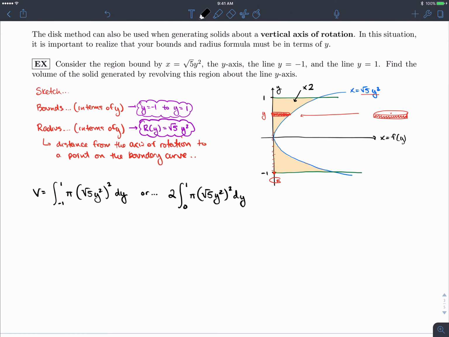Just because 0 is so nice to work with in the definite integral, I'm going to use this one. So again, I'll pull that pi out. That's going to give us 2 pi times the integral from 0 to 1. If we square out this root 5y squared, that's just going to give us 5 times y to the power of 4 dy. And if we integrate that, we're going to get 2 pi times 5 over 5, which is 1, times y to the 5th, evaluated from 0 to 1.